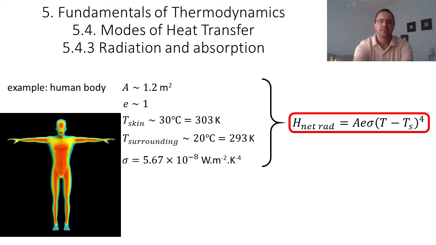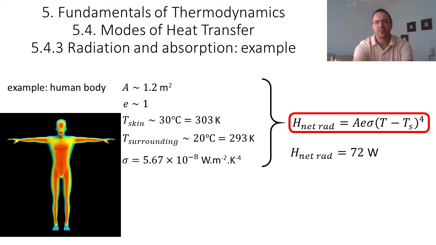And so we can calculate the net energy current from radiation, which is equal to A E sigma (T^4 - Ts^4), and we find about 72 watts. Right? So every second, we lose a lot of energy, in fact, about 600 joules, but we also absorb almost the same amount, a little less, in fact, and the net radiation is 72 joules per second.